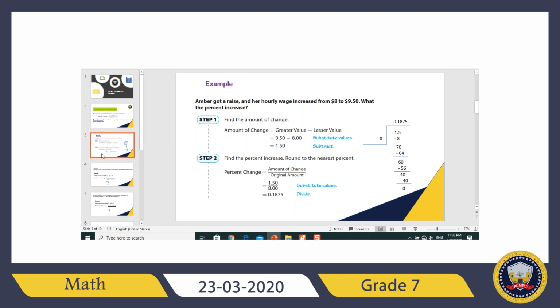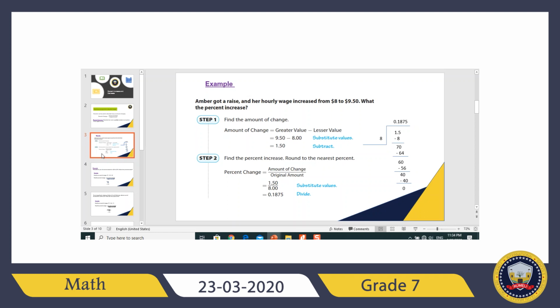Her hourly wage, yani her salary per hour, increased from $8 to $9.5. How can I calculate the percent of increase, or the percentage of increase?